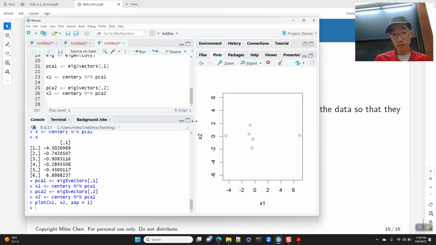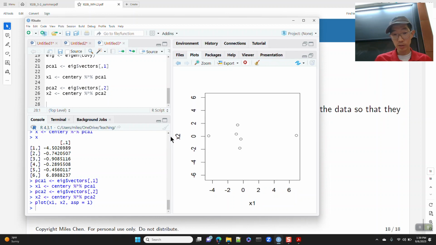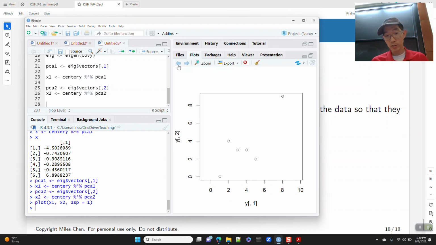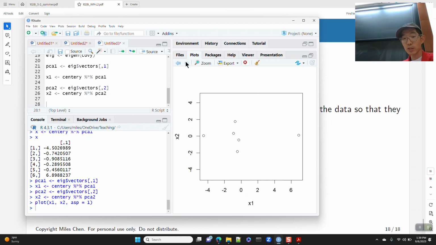So I don't know if we can see this. So here's the original data, and when we rotate it, it looks like this. Okay, so can we kind of see that? So original data, and this is just a rotation that maximizes the variance here.